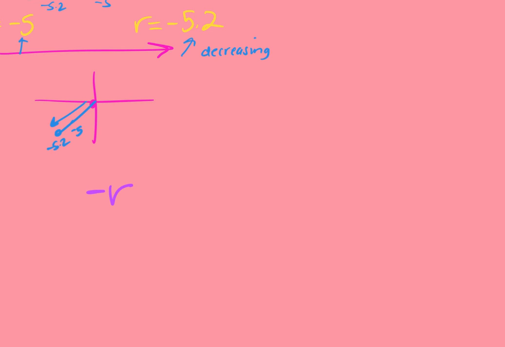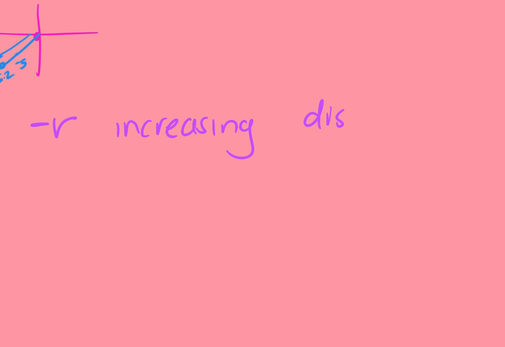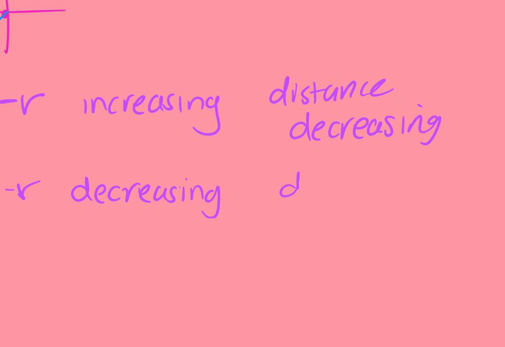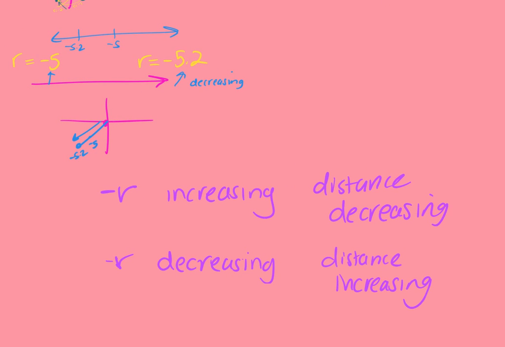A negative R that is increasing, the distance is decreasing. It's the opposite. A negative R that is decreasing, the distance is increasing. And the -5 and the -5.2 example matches with the second one.